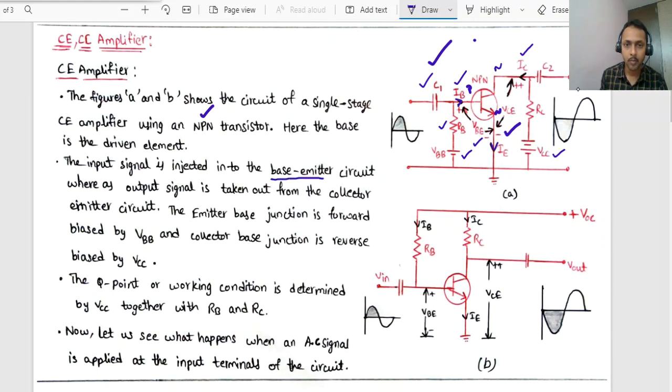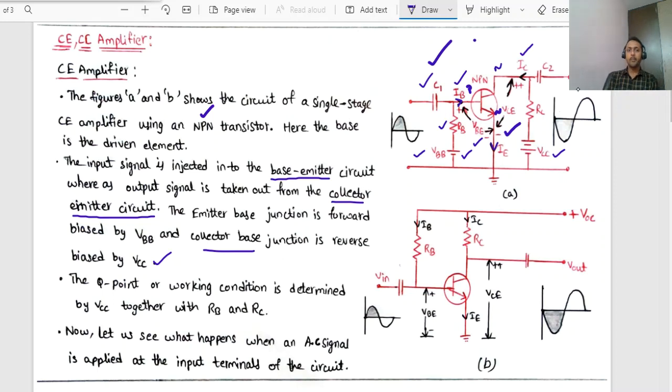This is very important: the input is given across the base emitter, and the output is taken from the collector emitter circuit. Now the emitter base junction is forward biased with the help of this VBB base voltage, and the collector base junction is reverse biased with the help of VCC.